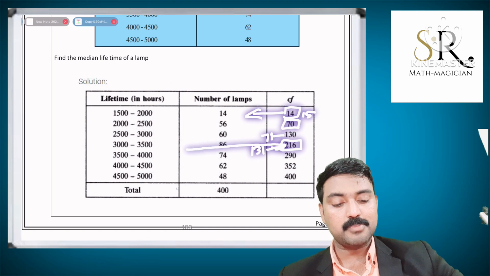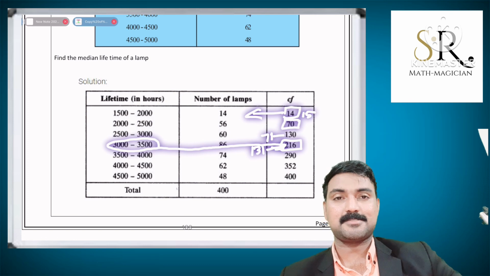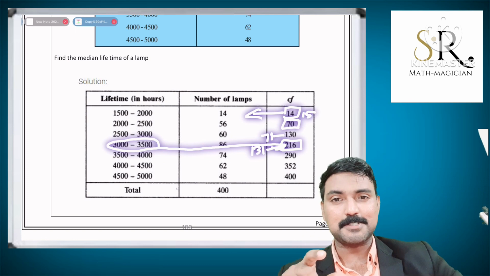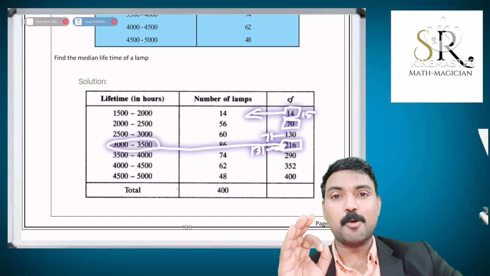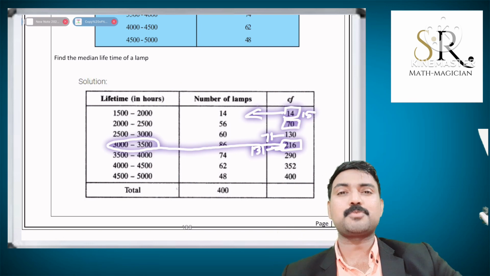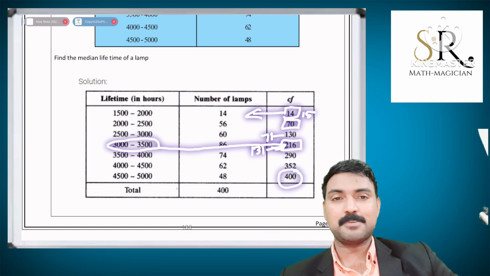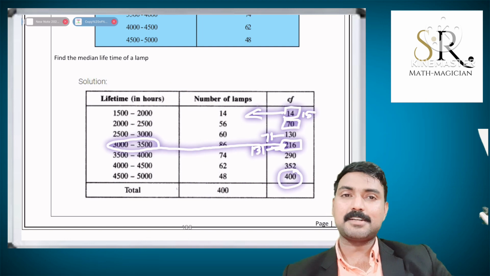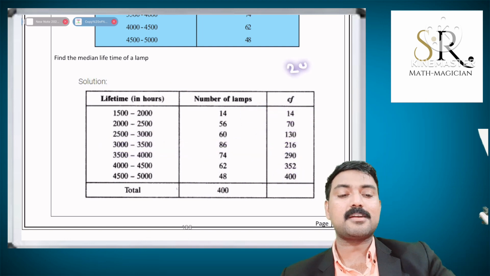216 belongs to which class? That class is known as the median class. Once again, what is the median class? Median class means the class including the middle observation. How to find the middle? Total 400 observations are there. Out of 400, the middle one will be 200.